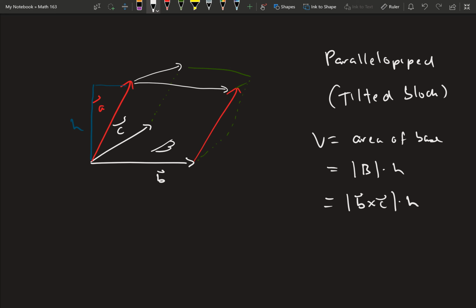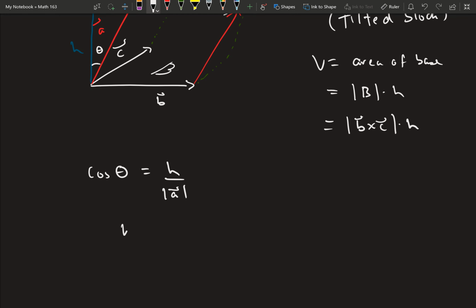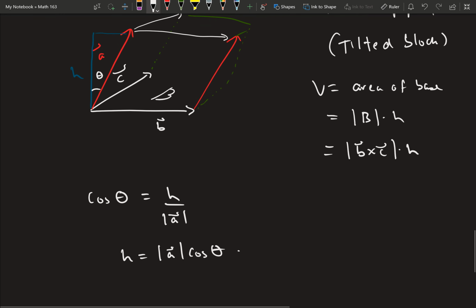So we know that right here, this angle, let's call this angle theta. Now, cosine of theta is H over the length of A. And so H is the length of A cosine of theta.